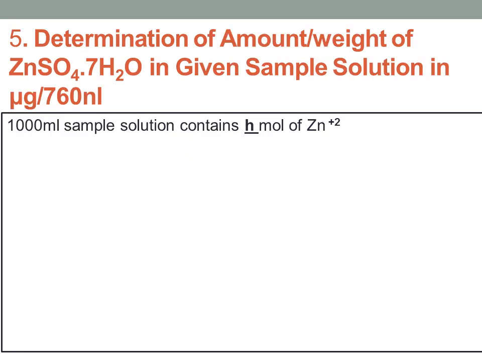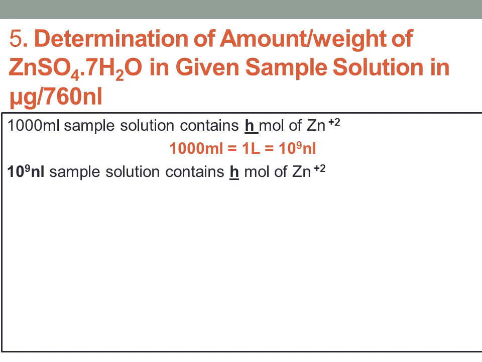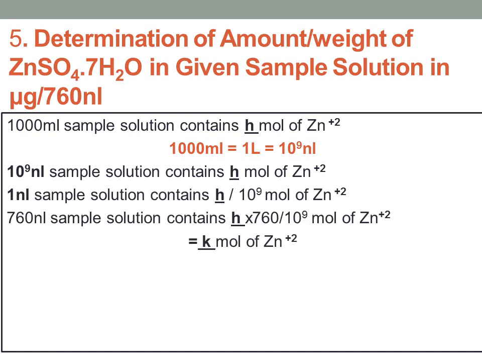Our second task is determination of amount or weight of zinc sulfate heptahydrate in given sample solution in microgram per 716 nanoliter. अब यहाँ पर आपको जो important points ध्यान में रखने हैं that you use in the previous calculation you use zinc plus 2. Here you are using the salt of zinc that is actually producing the zinc ions.